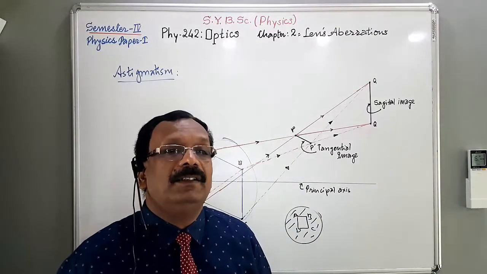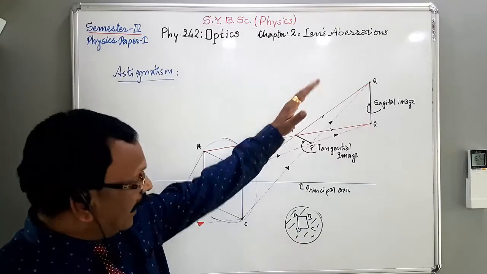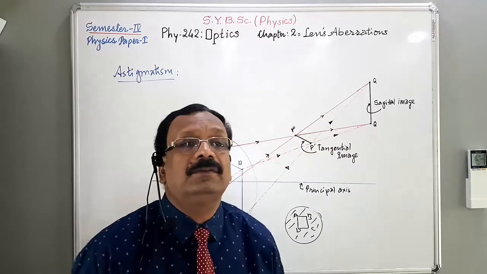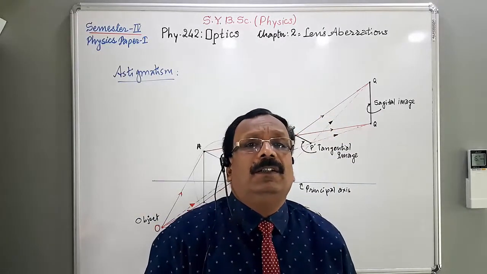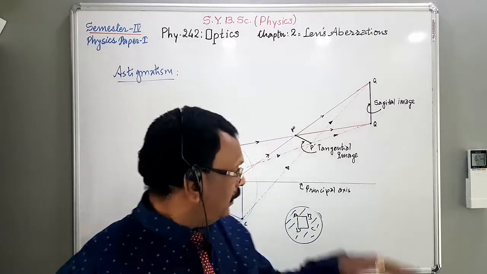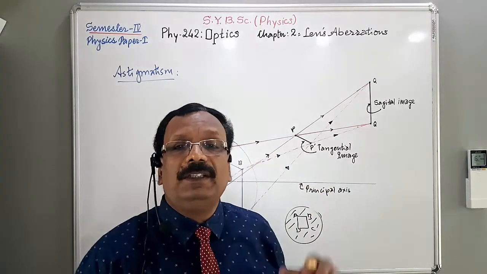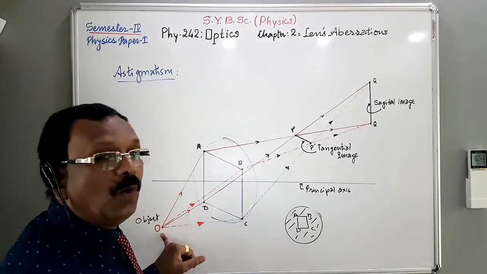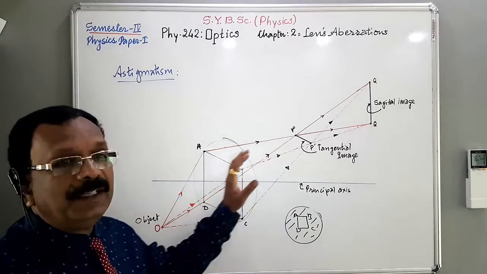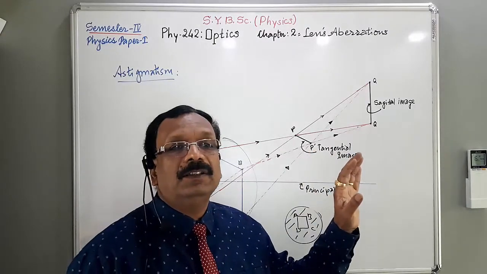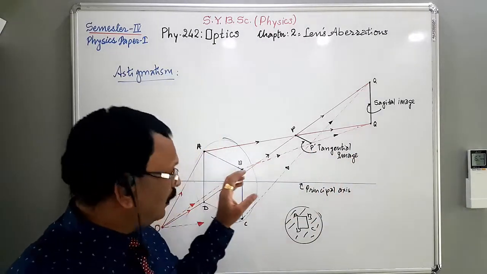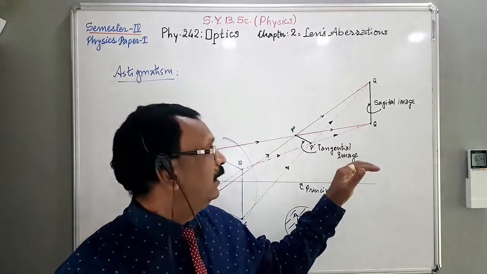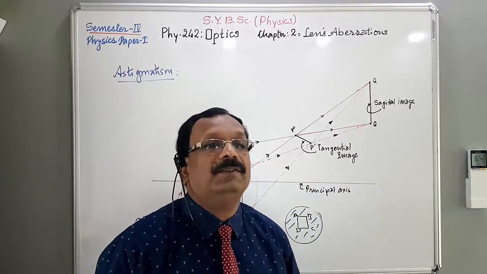We find that due to the large inclination of the rays with the axis of the lens, all the rays originating from O, after refraction through the lens, do not meet at a single point.